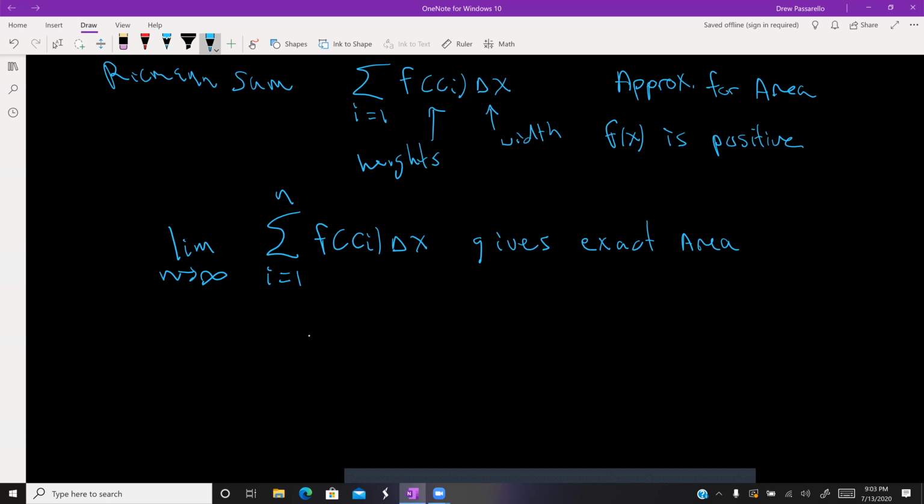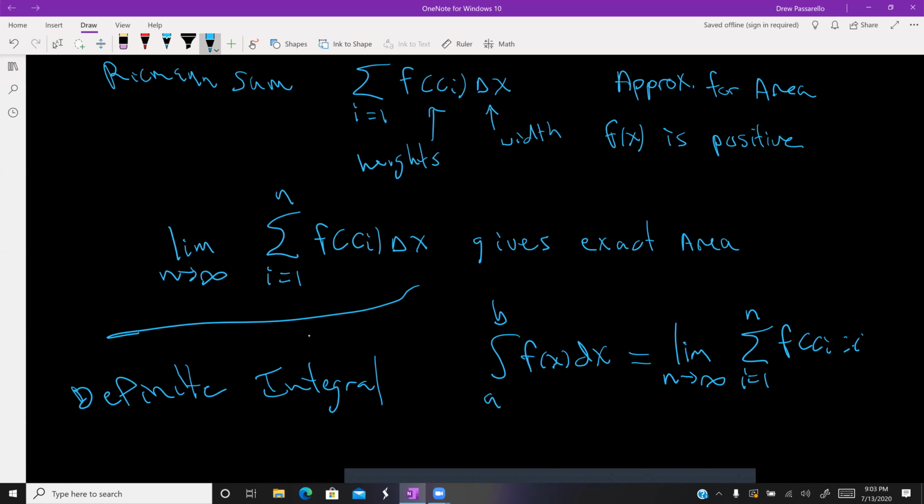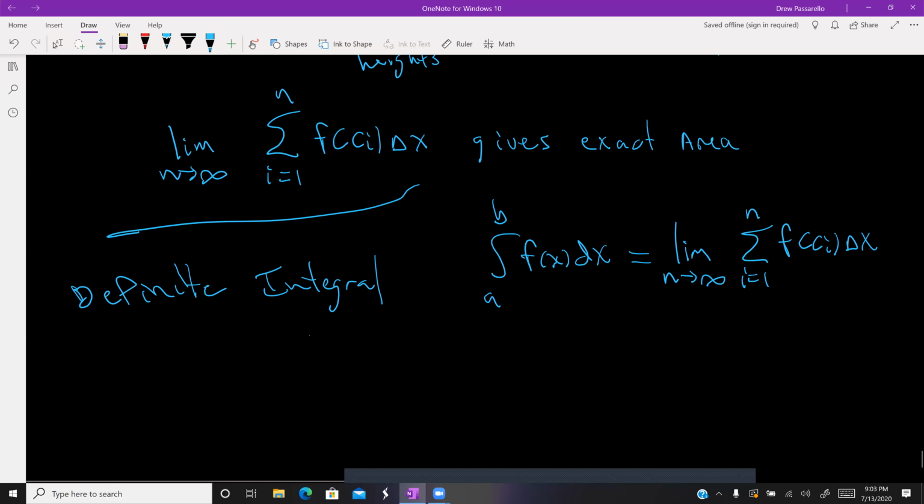This itself is called a definite integral, written as the integral sign from a to b of f of x dx. So it's equivalent to that limit, and again, it represents area if f of x is positive.